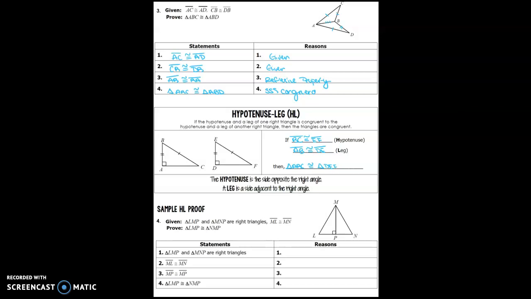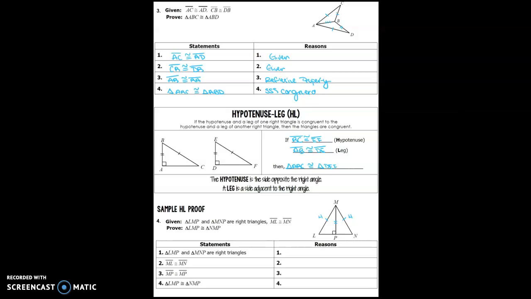Then we're also given ML is congruent to MN, and those are our hypotenuses. The only other thing we're looking for is that leg there, and since they share that side, that is a congruent length.